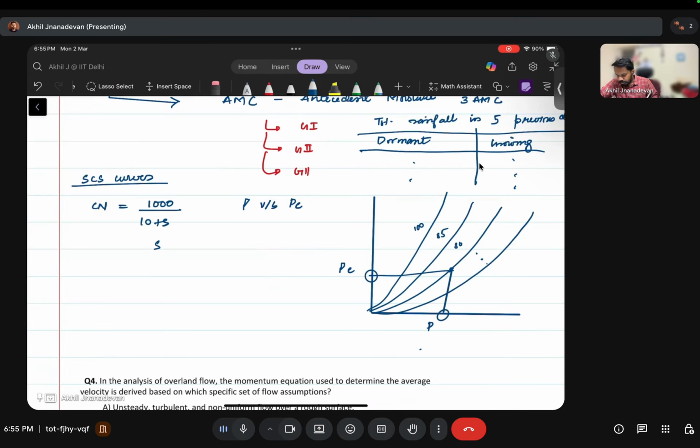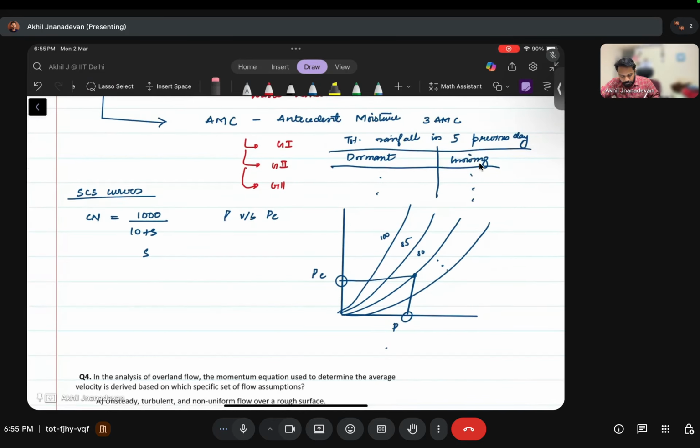Okay, so here this particular curve number falls between 0 less than or equal to CN less than or equal to 100, right?